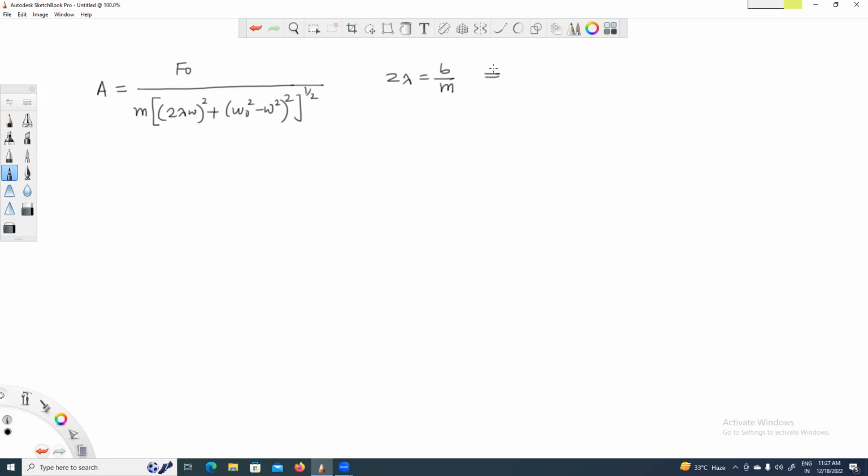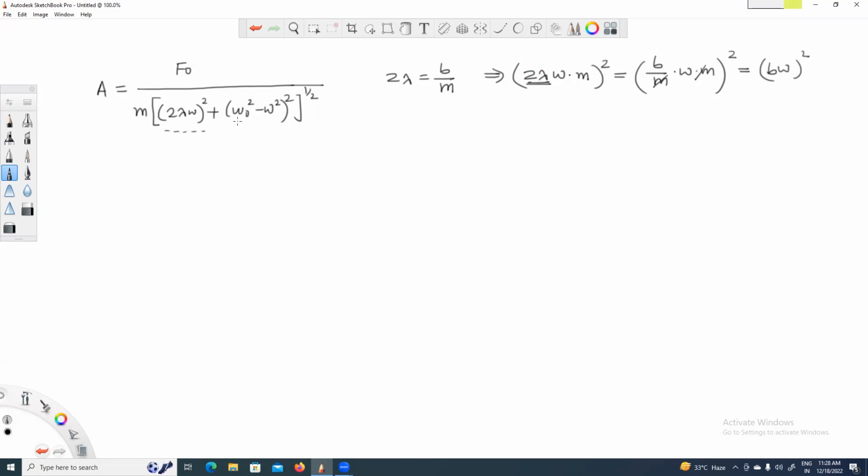So this term becomes b over m times omega times m, bracket squared. The m cancels, so this term becomes b omega squared.